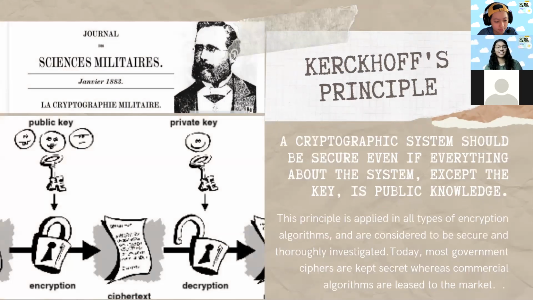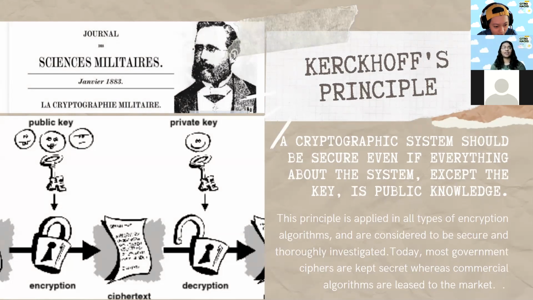All right, so one of the main principles that has been created for a long time is Kerckhoffs's Principle, which was created, I believe, in the late 1800s, but still continues to evolve and develop today. Kerckhoffs's Principle basically states that a cryptographic system should be secure even if everything about the system except the key is public knowledge.